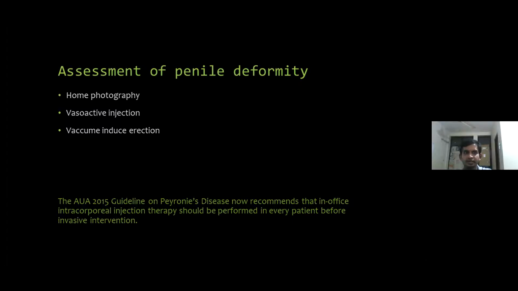Another is to inject a vasoactive agent into the corporal body and assess the deformity, and the other is using a vacuum-induced device. AUA recommends that if you are going for surgical management of Peyronie's disease, an intracorporeal injection should be done prior to the surgery.